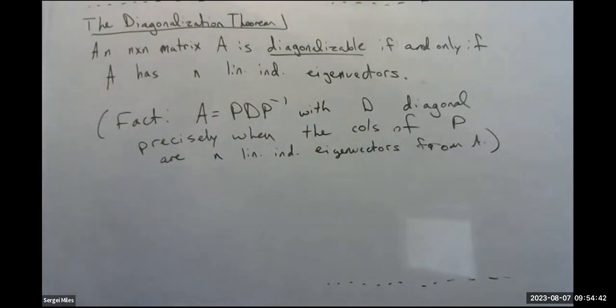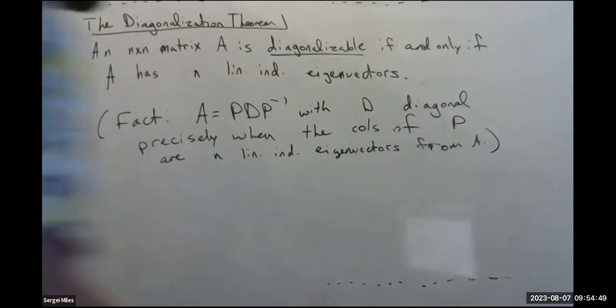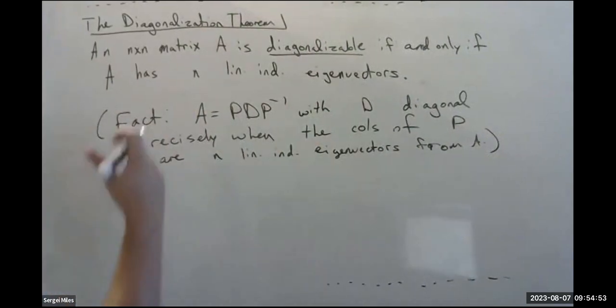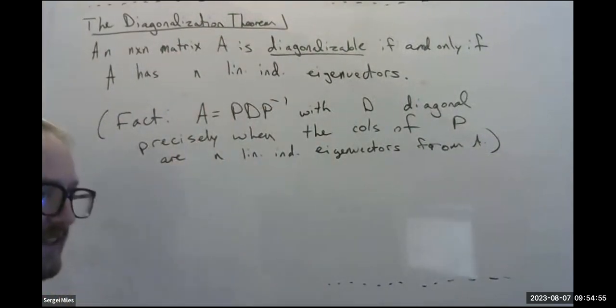All right? But why is this true? This seems kind of like out of the blue. Why are eigenvectors so special here? Okay. Well, let's think about the why behind this proof. Suppose the matrix A is diagonalizable.